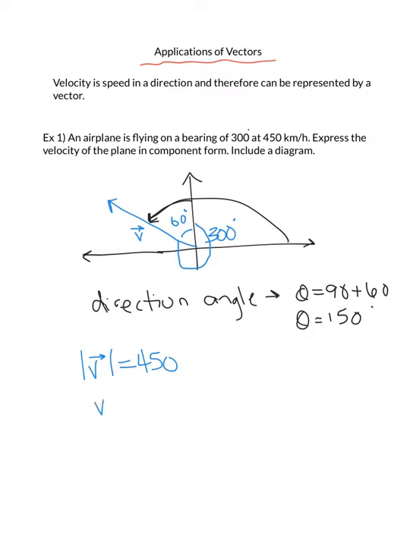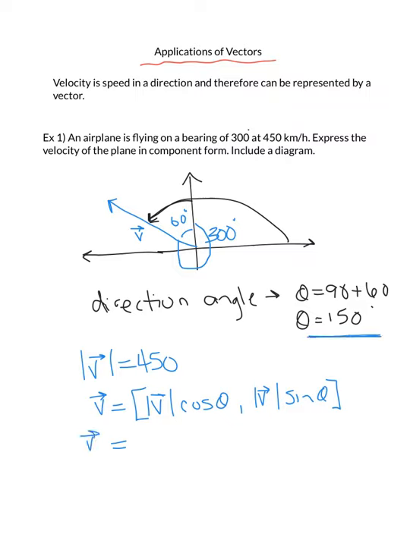Now, just to recall, if I'm trying to put this in component form, vector v is equal to the magnitude of v cos theta, the magnitude of v sine theta. I did all of the hard work already. I know the magnitude of v is 450, and I know that my theta, or my angle, is 150 because I figured it out right here.